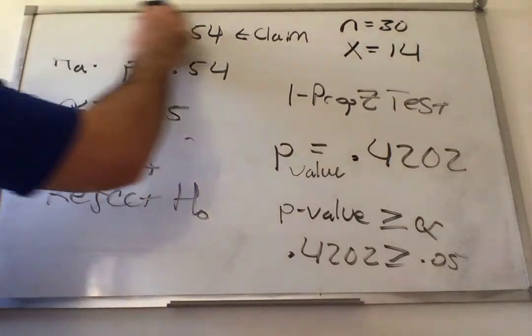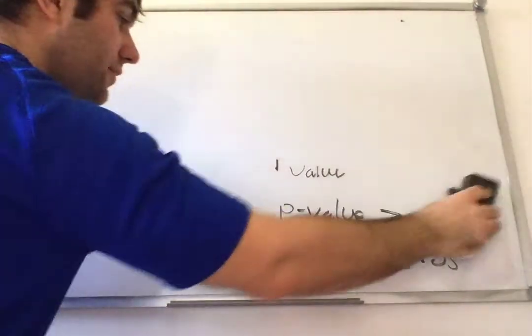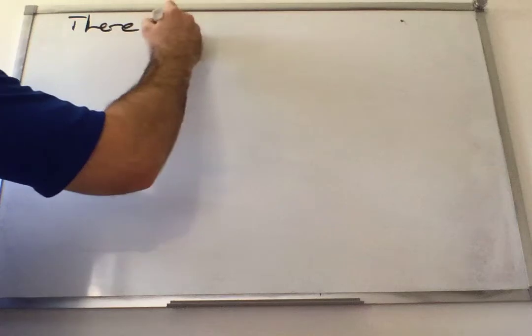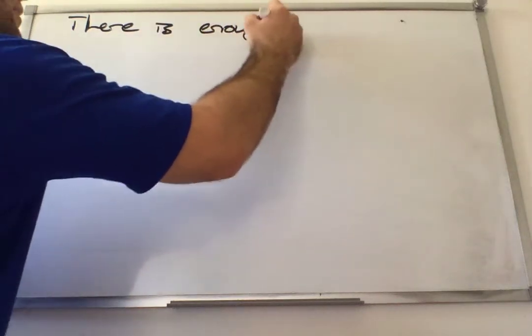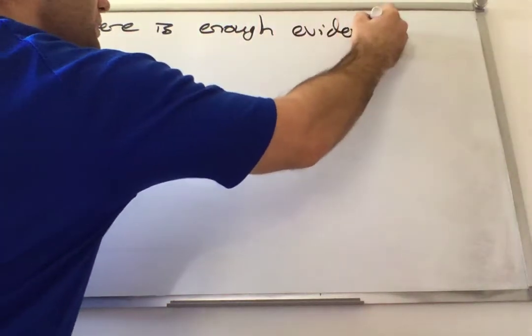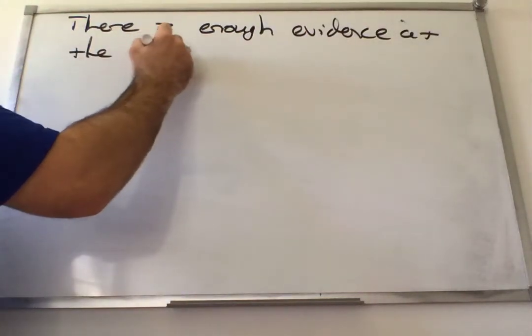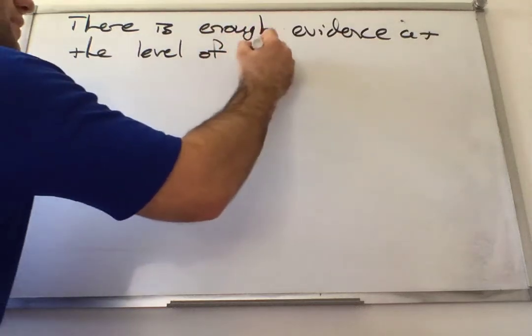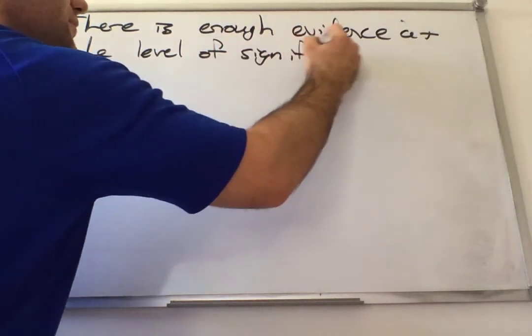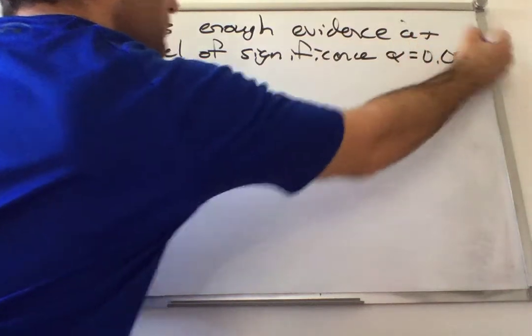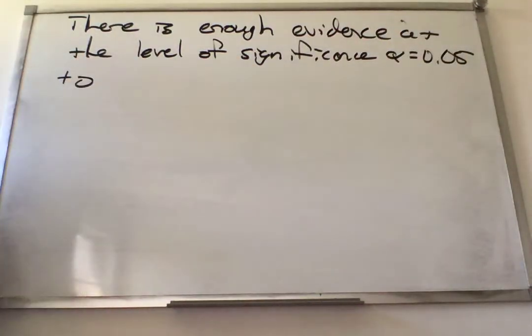So let's go ahead and write our conclusion. There is enough evidence at the level of significance alpha is equal to 0.05. Now, our claim was the null hypothesis.